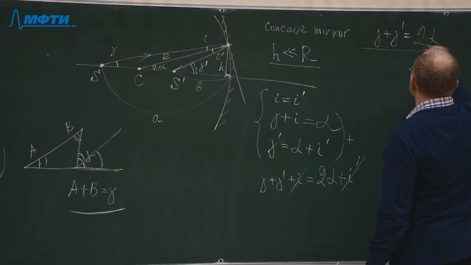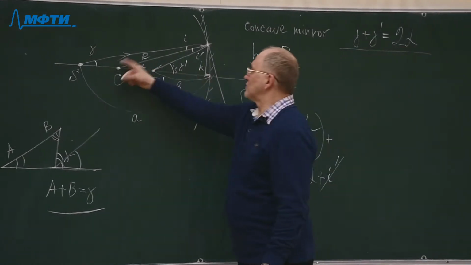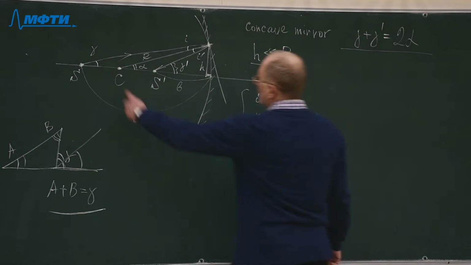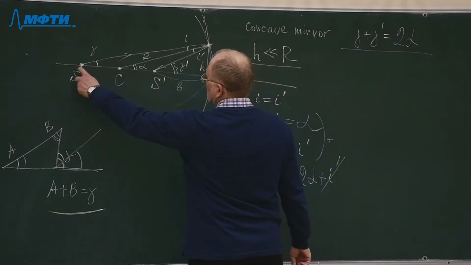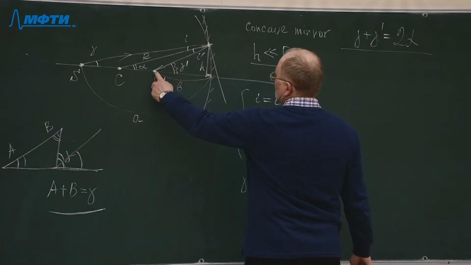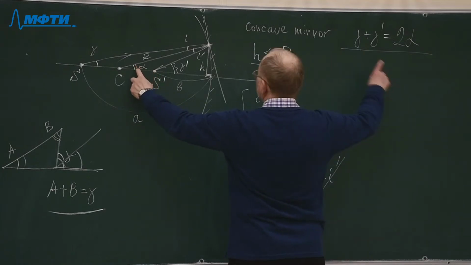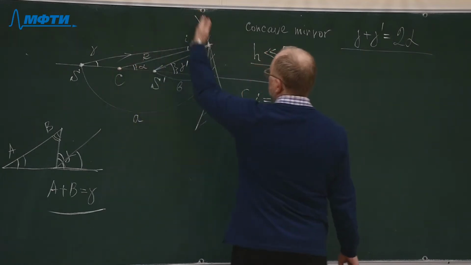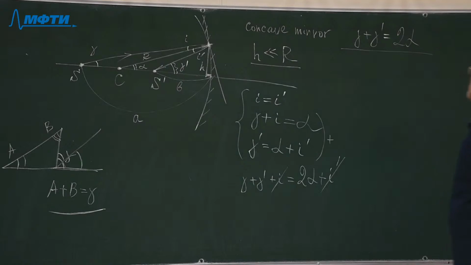That's an interesting relationship between different angles here. Angle gamma characterizes the source, angle gamma prime characterizes the position of the image of the source, and angle alpha characterizes the center of the spherical mirror. We have such a relationship.